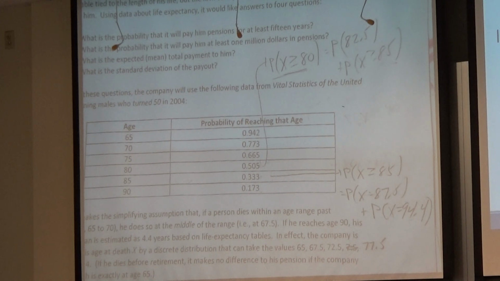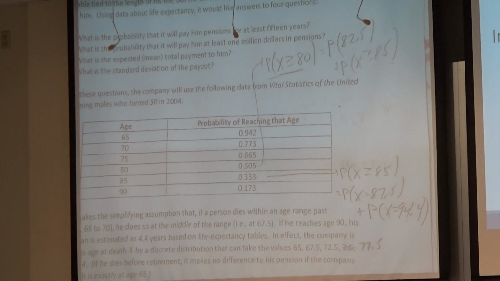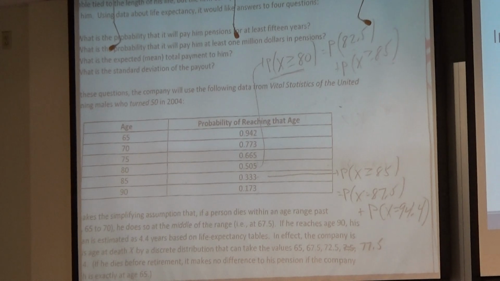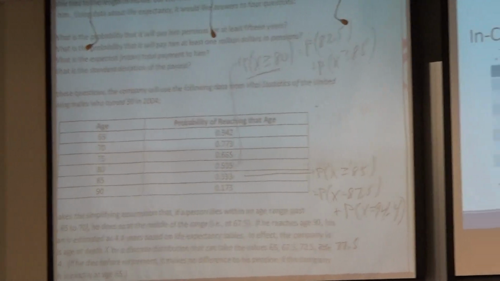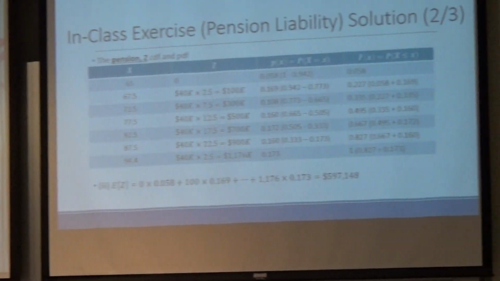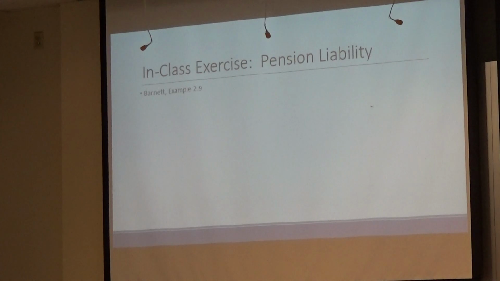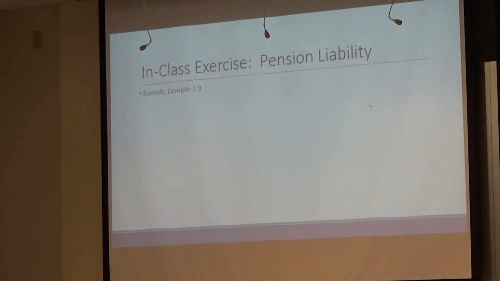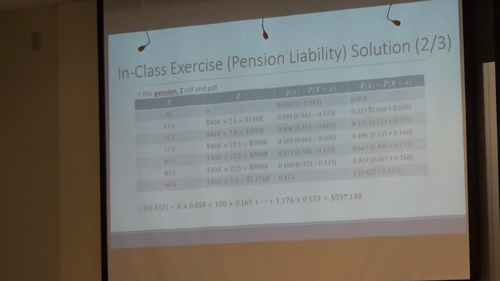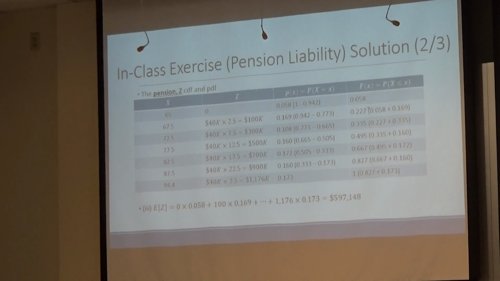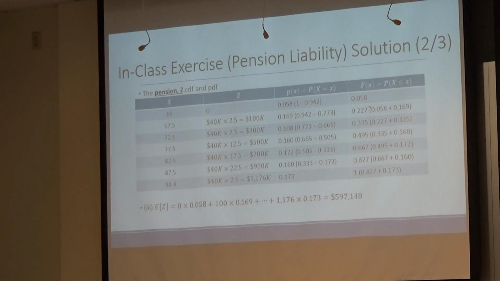The last bit is we know when you're going to die, or we know the probability you're going to die at different ages. And I need to translate when I'm going to die to how much money the company has to pay out. So here, if I die at 67.5, how much money does the company have to pay out?